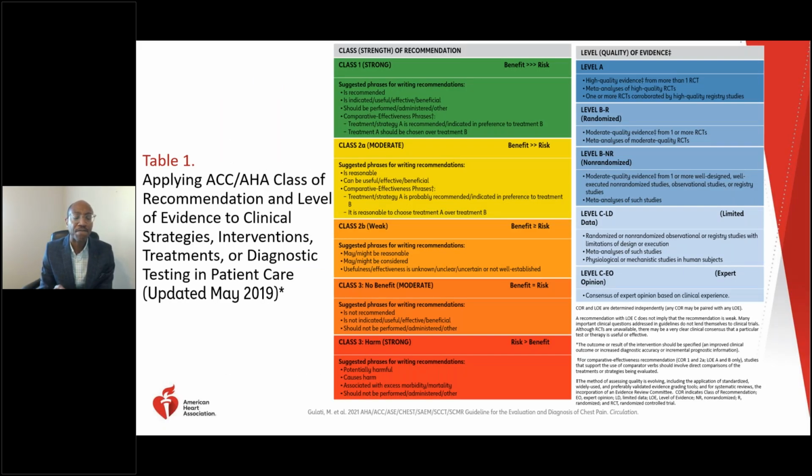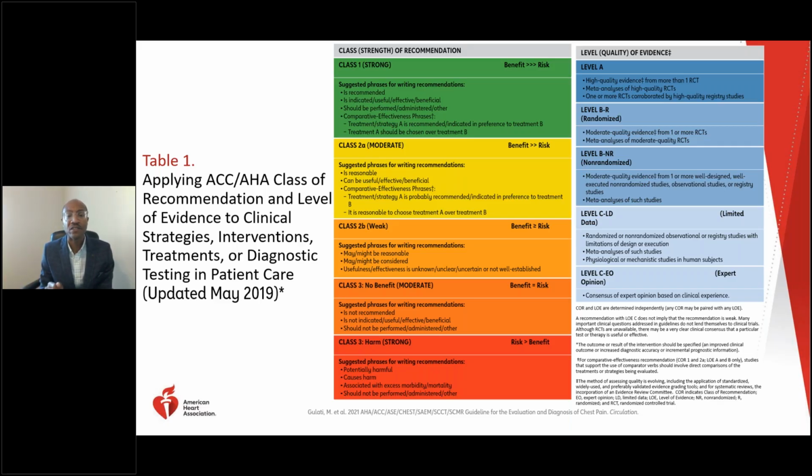In accordance with the language that is provided in the recommendations, the writing group stratified each recommendation according to its strength. Class 1 means a strong recommendation, in favor of a therapy or an action being indicated, useful, effective, or beneficial, where the benefit clearly outweighs the risk.